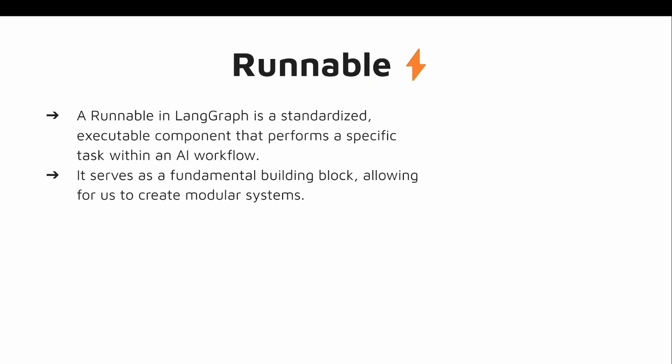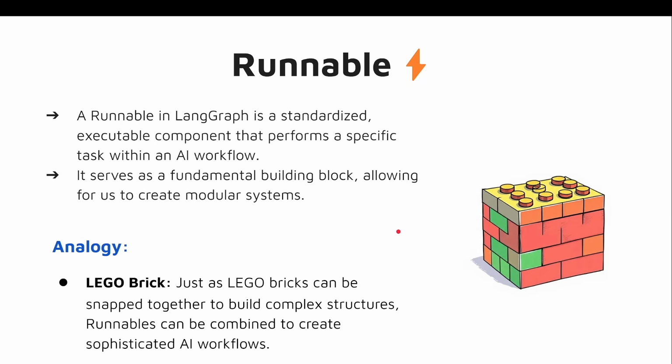Short answer is, a runnable can represent various operations, whereas a node in LangGraph typically receives a state, performs an action on it, and then updates the state. Don't worry if you didn't 100% get that. When we go into the coding section, you will get it a lot better. But a good analogy is a Lego brick. Just as Lego bricks can be snapped together to build complicated structures, runnables can be combined to create sophisticated AI workflows.